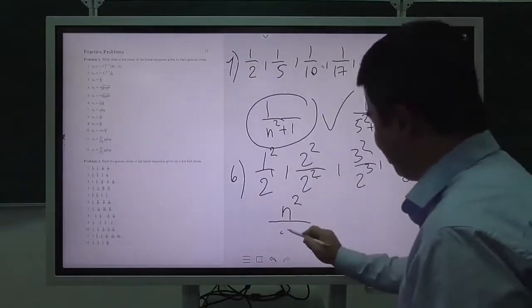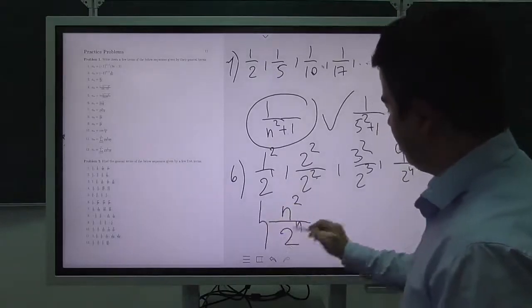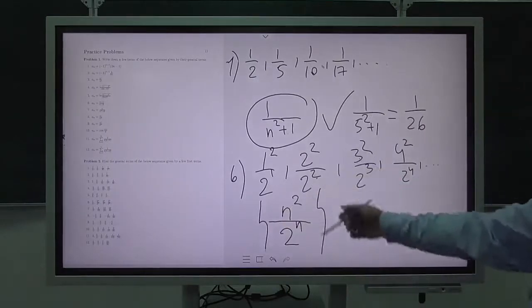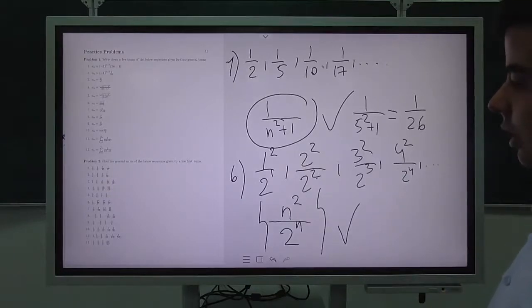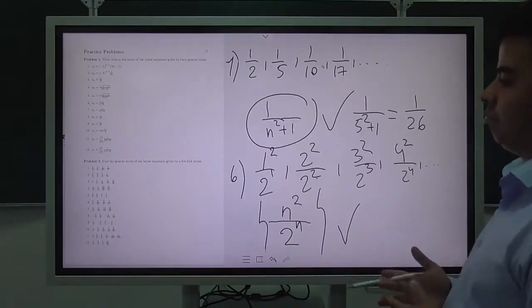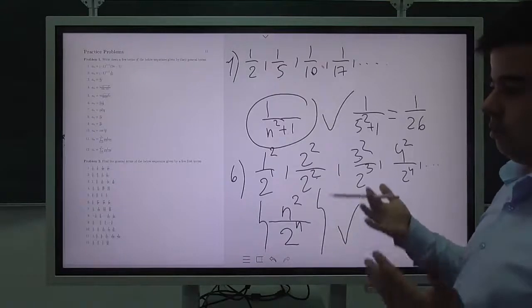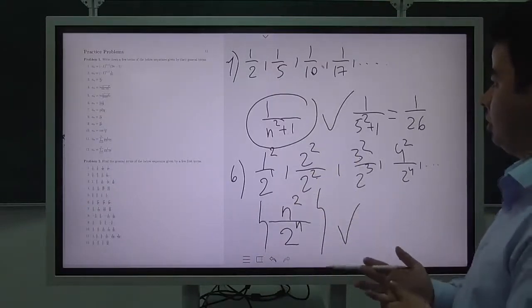So it means 2 to the nth degree. This is the general term of our sequence: n squared over 2 to the n. So this is how to write the general term of a sequence from given few first terms.